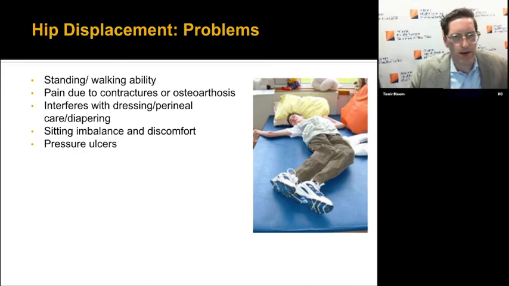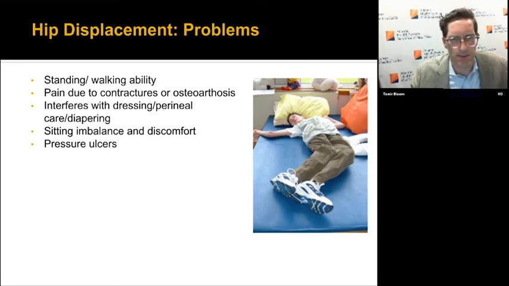So what are the problems with the hip that is displaced or subluxed? In ambulatory children, it can affect standing and walking ability. It can cause pain due to contractures or osteoarthrosis. It can interfere with perineal care, with dressing and diapering. So this child, I believe, is a GMFCS 5.